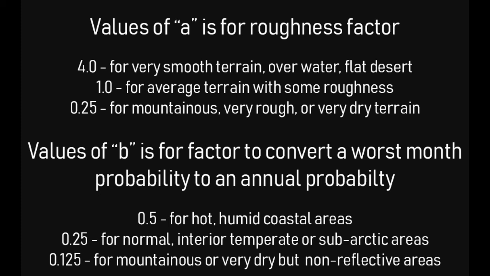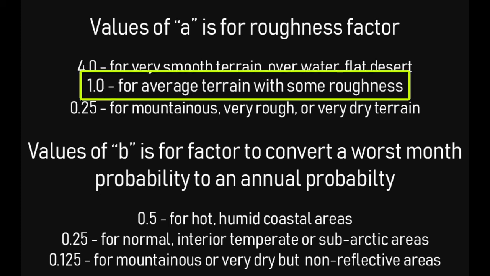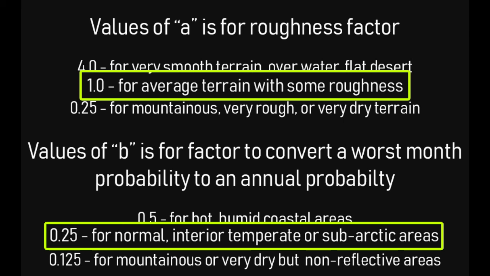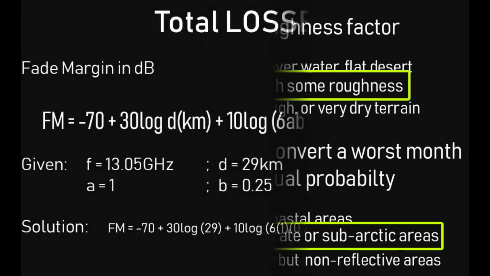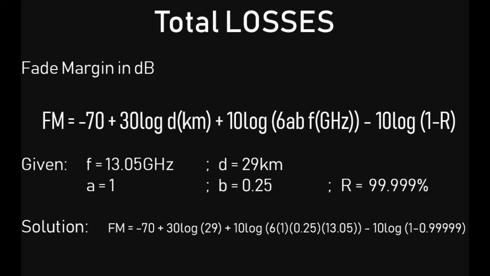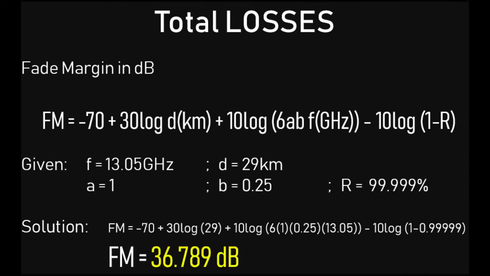I'll be having 1 for my value of A since it falls under the category for average terrain with some roughness. And my B value is 0.25 for normal, interior temperate, or subarctic area. Just substitute the given values to the equation and we'll have fade margin equal to 36.789 decibels.